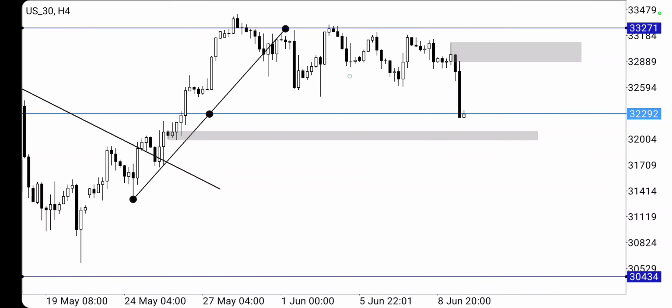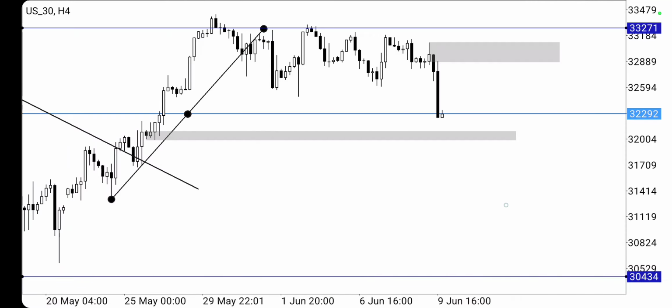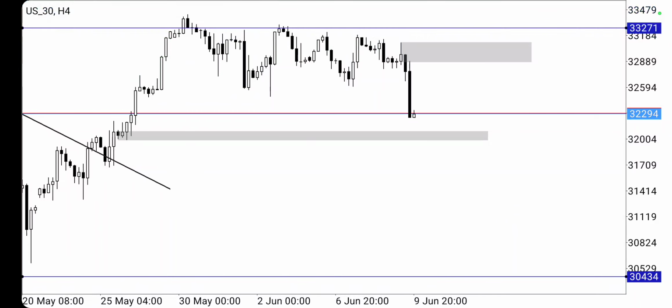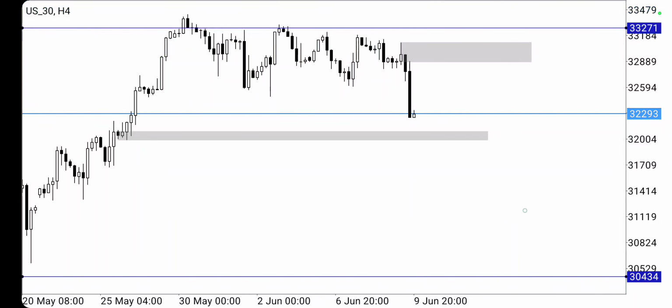We knew that it was broken by the level that we marked there at the top, the one that moved down and broke it. So once we mark that level, we are done. We don't need the trend line anymore. You can remove it from your chart. Even this one, you don't need it. Your chart must be clean. So if you want to put a trend line on this time frame, it will just pass like that.